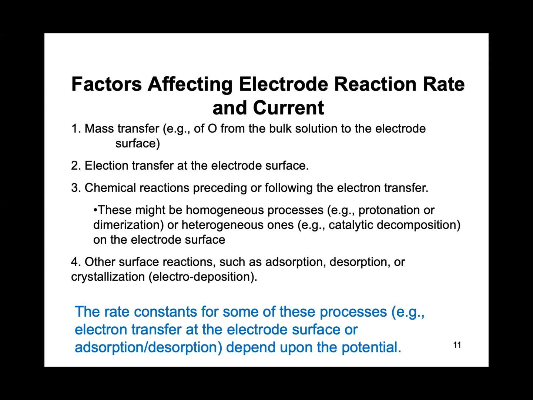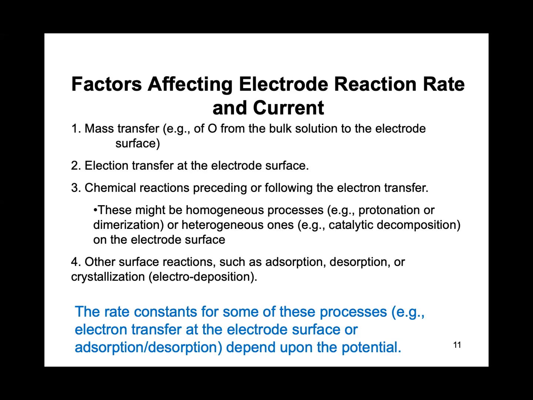And the chemical reactions as well, there might be homogeneous and heterogeneous ones, and surface reactions such as adsorption and desorption. There is also electrodeposition, the possibility of deposition. Those are things that we have to study. Among the things that we usually do is modify the surface of the electrode.